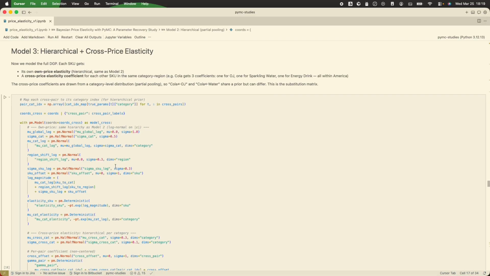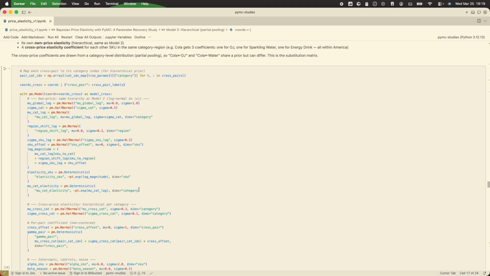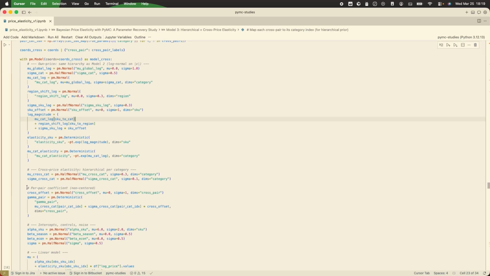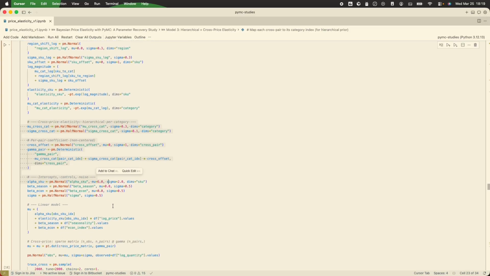The own price block matches model 2, basically. So for every ordered pair in the same category region, cola reacting to juice's price and so on, we add a gamma. That's what we see here on the cross price. So that's what's been added on top of model 2, basically.